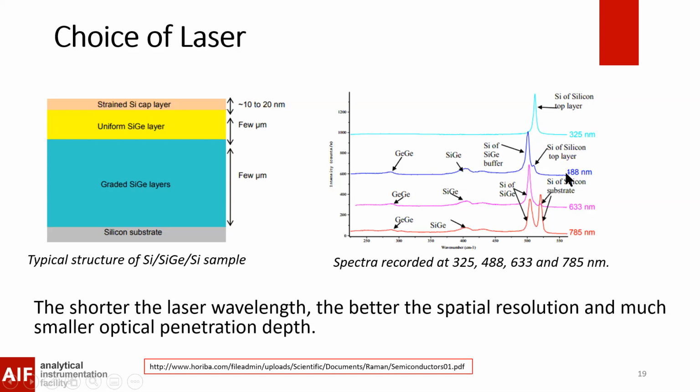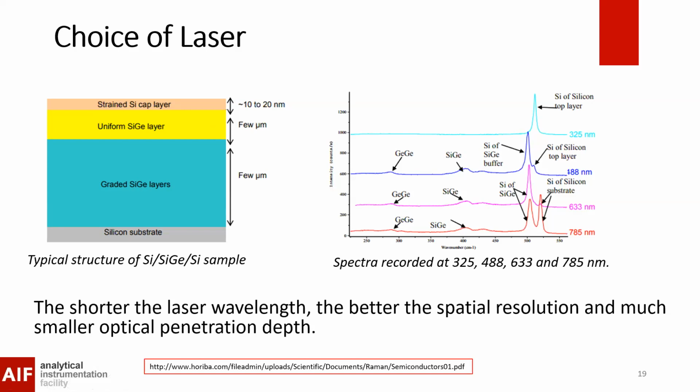With the laser wavelength increased to 488 nanometers, a small portion of the signal is from the silicon top layer, and most of the signal is coming from the silicon in the silicon germanium layers, which is the second layer.